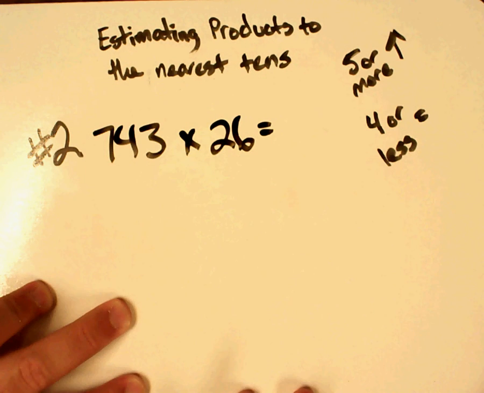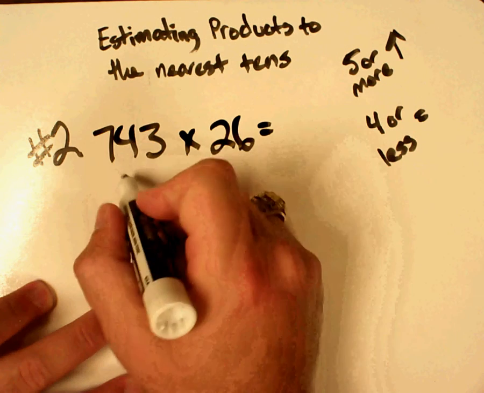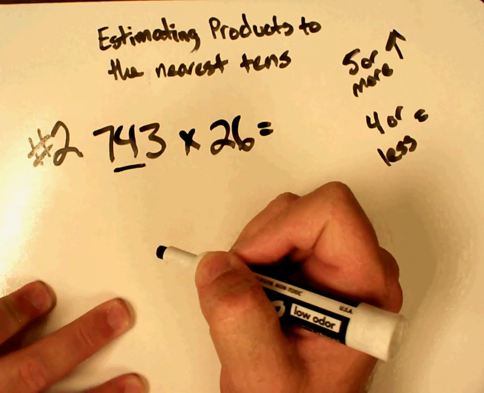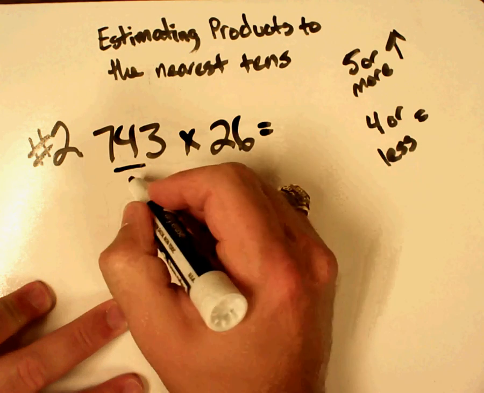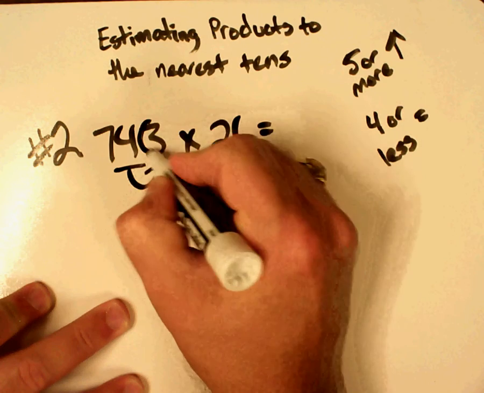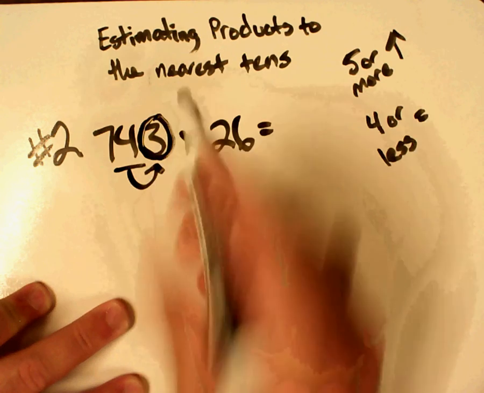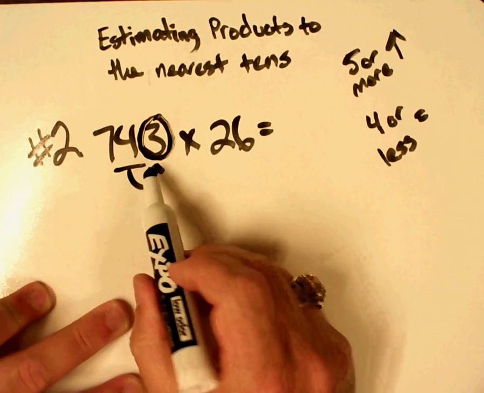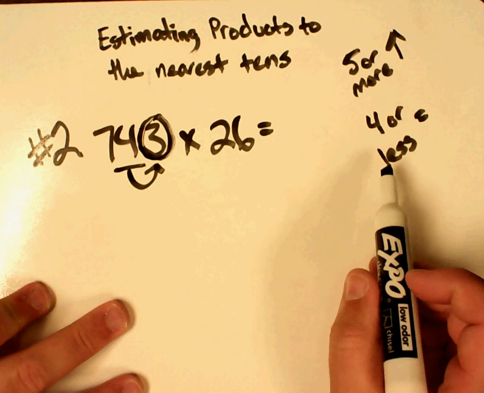And once again, I'm rounding to the tens. So I'm going to underline the place that I'm rounding. Draw my arrow to the place to the right and circle. And my 3 is 4 or less, so I'm going to let it rest.